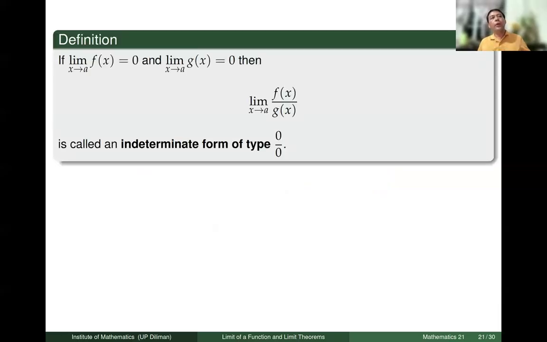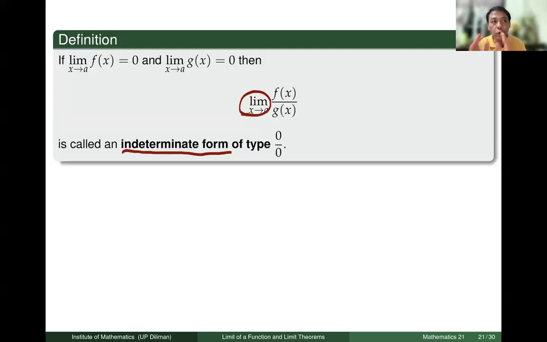Now, whenever we encounter a limit of the form 0 over 0, we say that this limit is an indeterminate form of type 0 over 0. You don't say that the quotient is indeterminate. What we say is the limit is indeterminate.